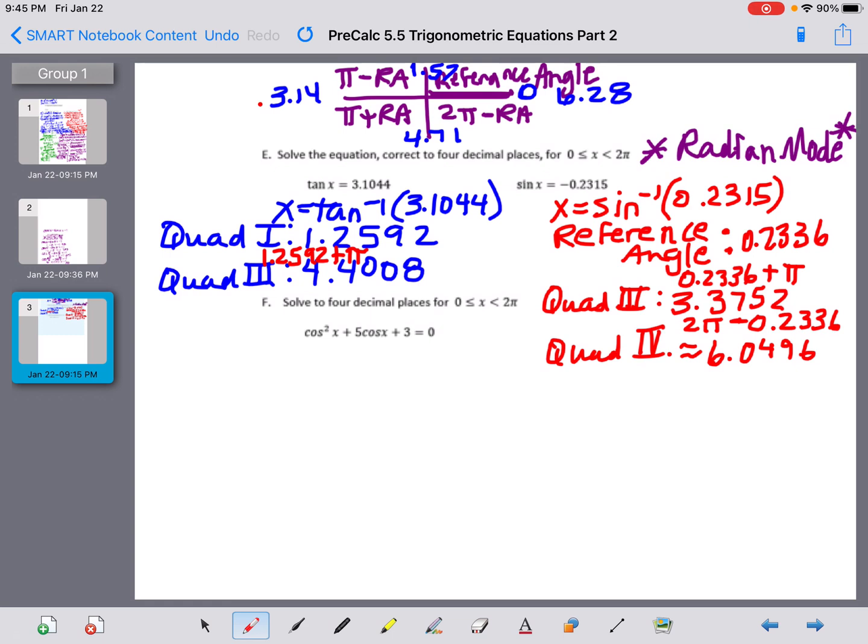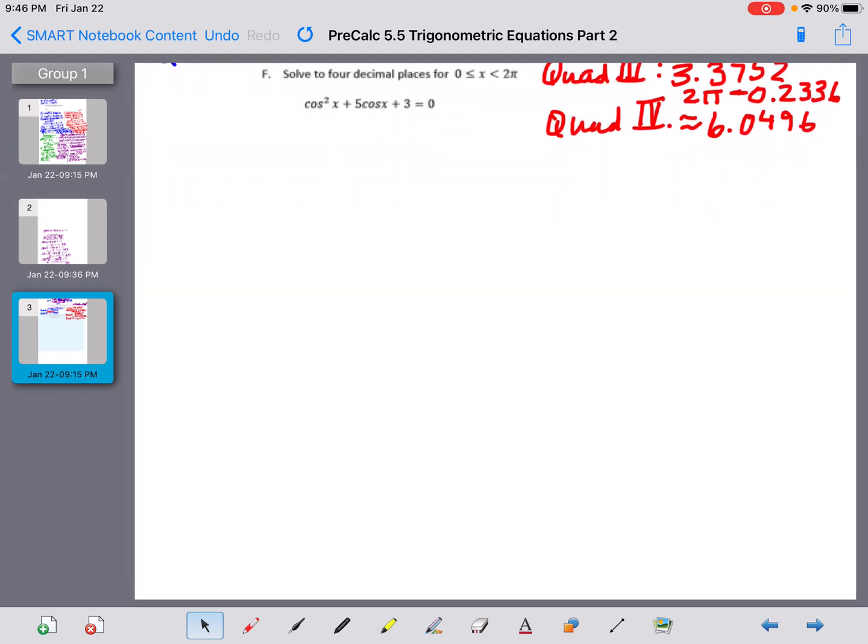So what I really need you to understand is that I am finding radian answers on my unit circle between 0 and 2 pi, but these are decimal answers because the values are not from my unit circle. Whenever possible, we use those exact ones, but if not, the values are still there, we just have to get the decimals, okay?